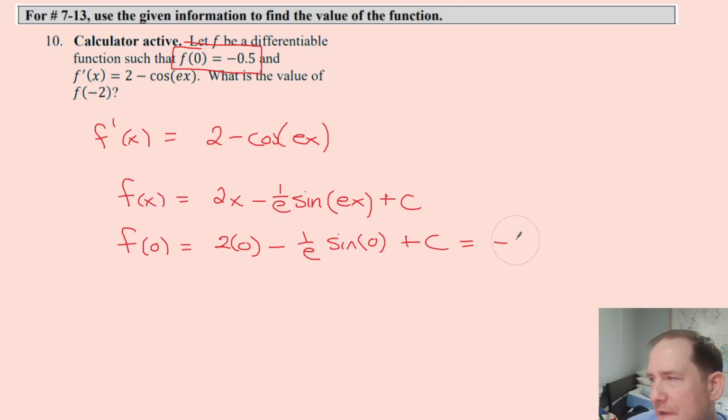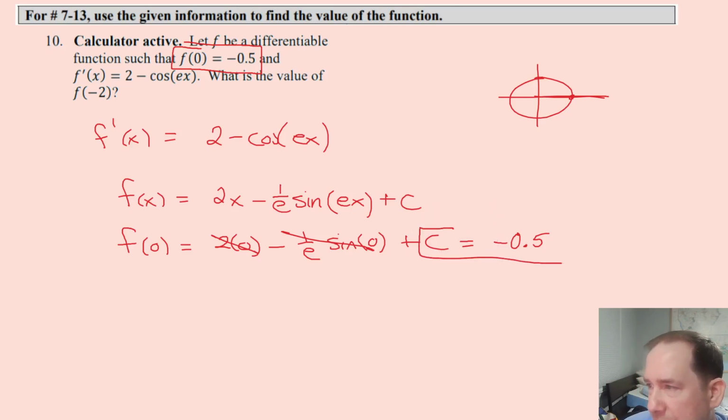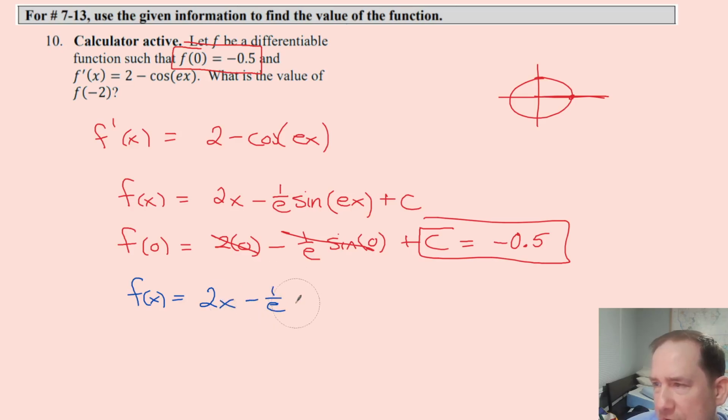This whole thing should just be negative 0.5. So that's a 0. We can cancel it. Now the sine of 0, sine is a y value, so sine of 0 is 0. So that whole term, we can cancel it. And there you go. C literally just is negative 0.5. So that means our specific solution for this problem, for f of x, is 2x minus 1 over e times the sine of e times x minus 0.5.